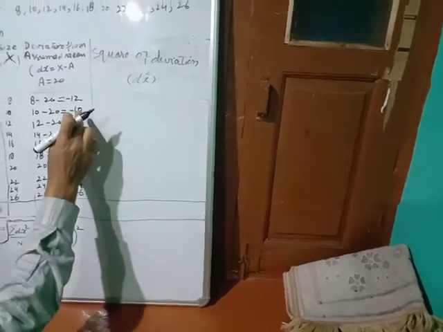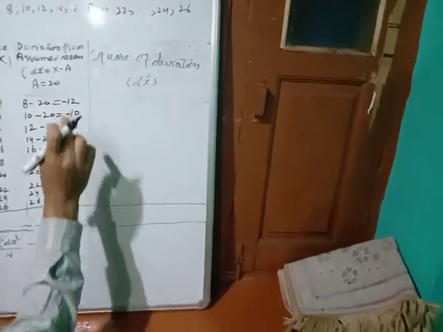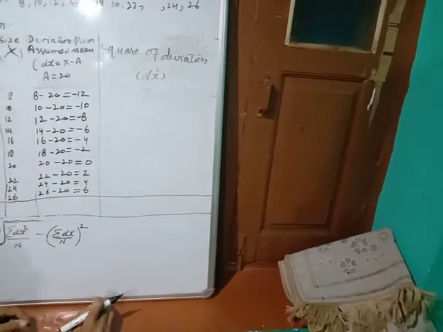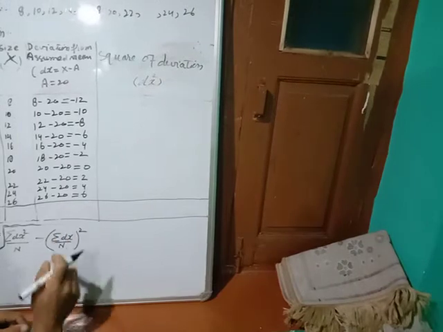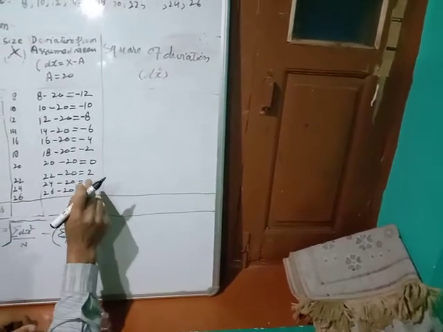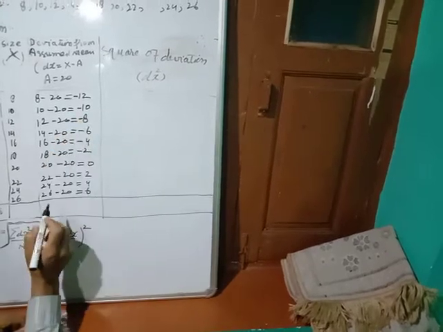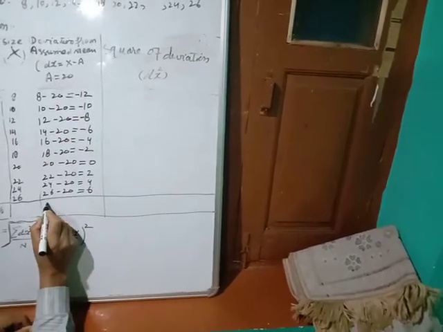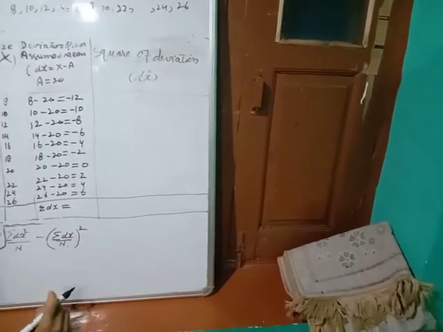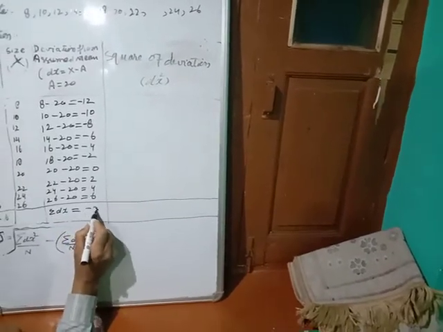Here the total of the minus numbers 12, 10, 8, 6, 4, 2 is more than the plus 2, 4, 6. So by subtracting these plus numbers from the minus, we get sigma dx is equal to minus 30.